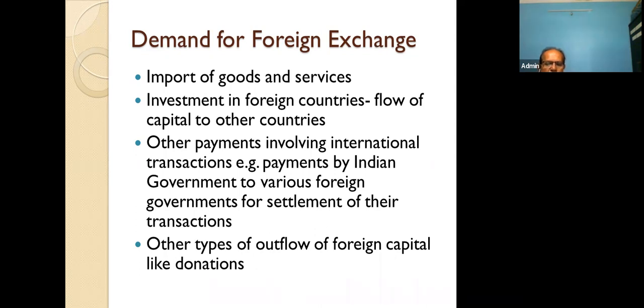Let me give the example. Even the chief of Microsoft, the main person of Microsoft, that is Bill Gates, has his own NGO, and through that NGO, he provides social services to the needy country.